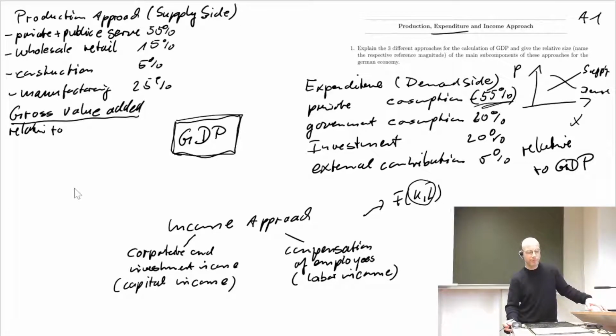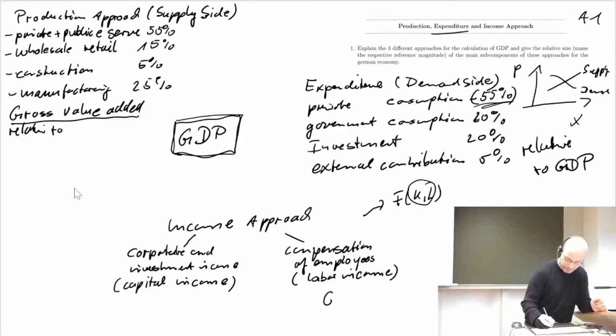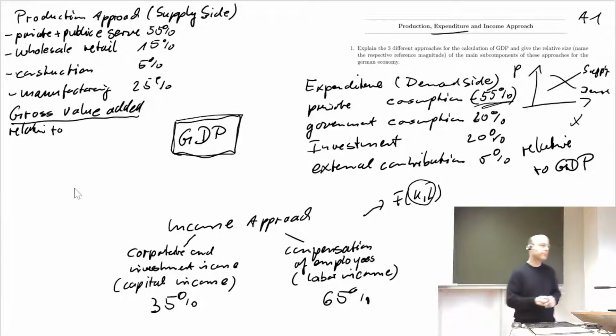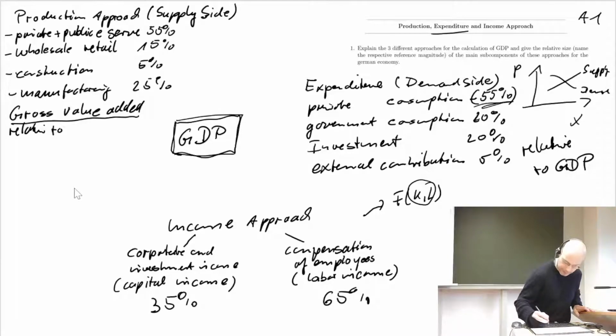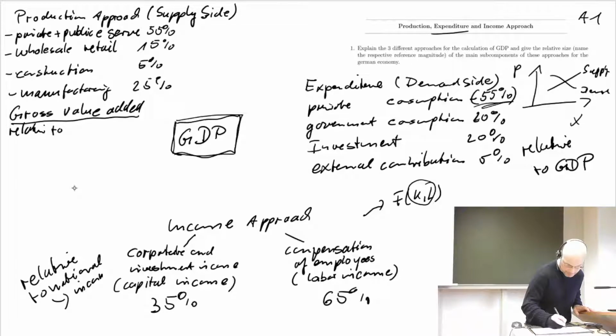This was just in the end of this topic. Yeah. Or one third, two third, whatever. Yes. And okay, great. And this is relative to national income.